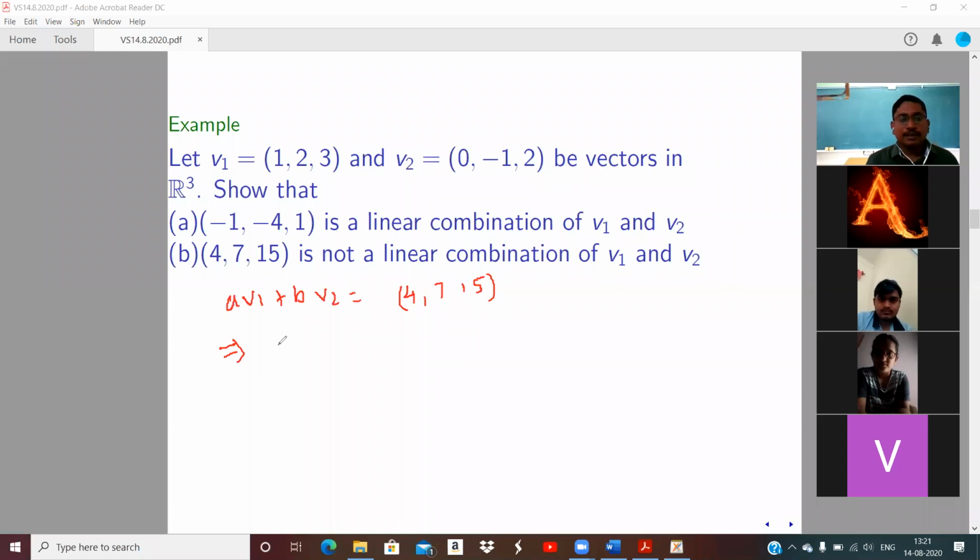What is V1? V1 is 1, 2, 3. A we want to find, and B also we need to find. But we cannot find them here, that we want to prove. If we are not able to find, it means it is not a linear combination.